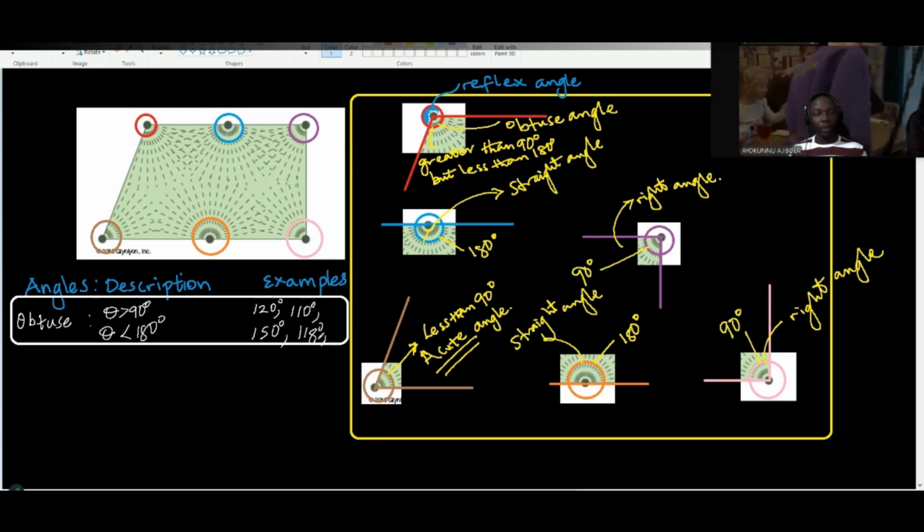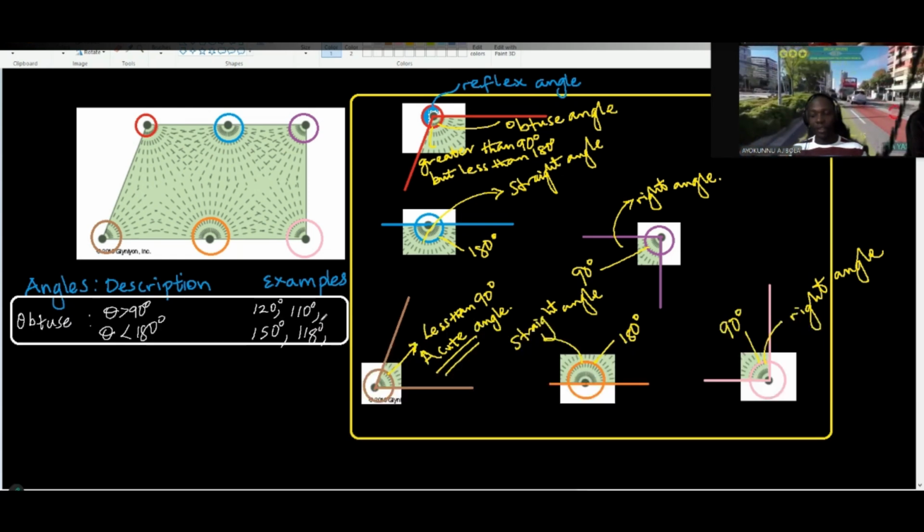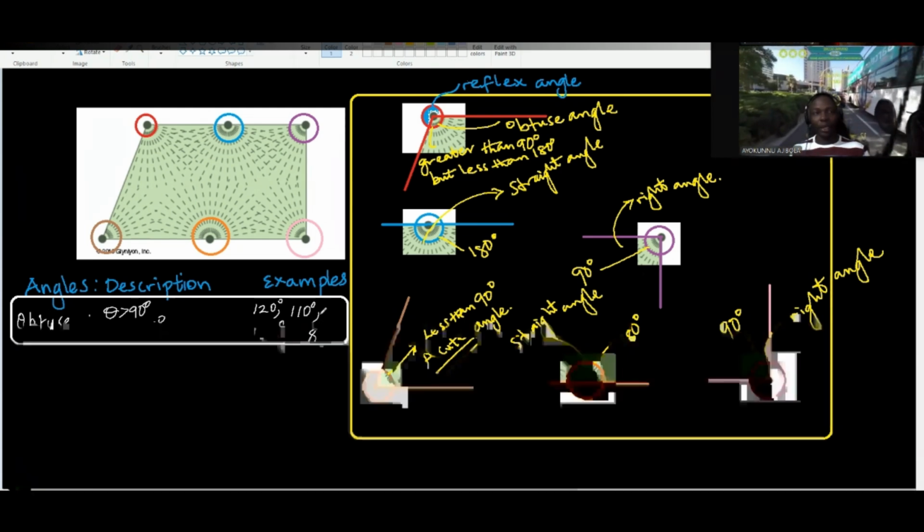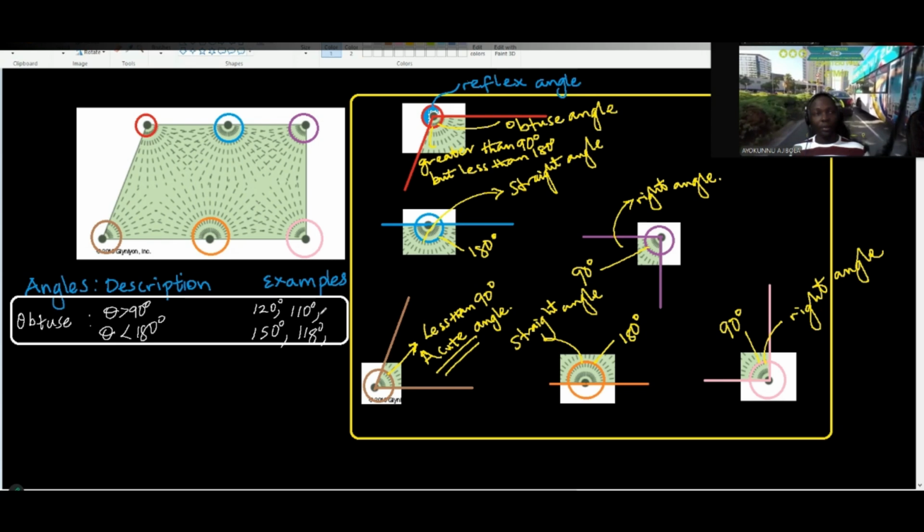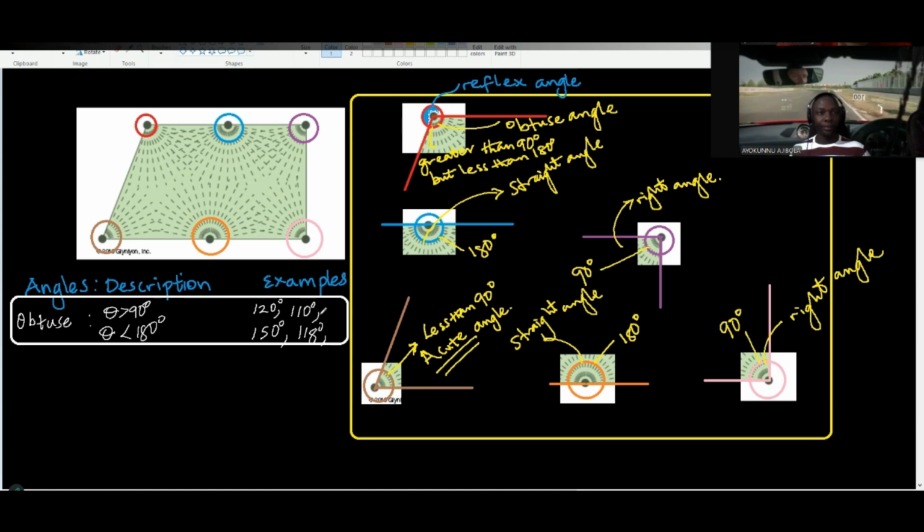Don't just say okay, but give it to me. A number bigger than 90 but less than 180. I'm waiting.